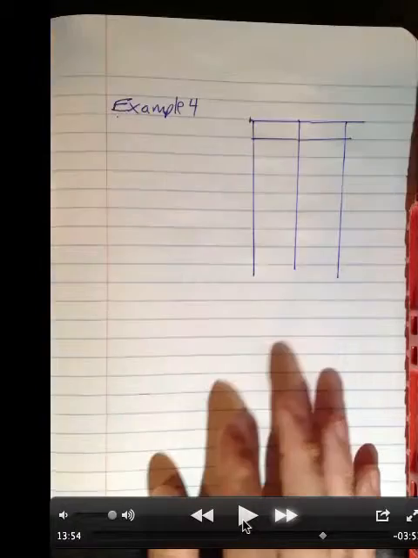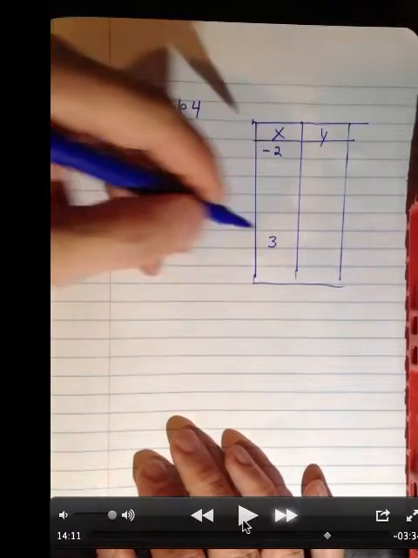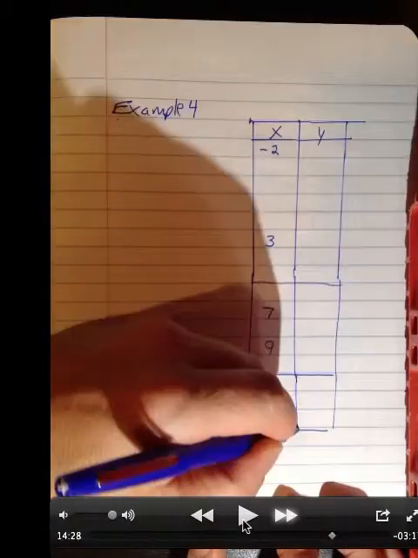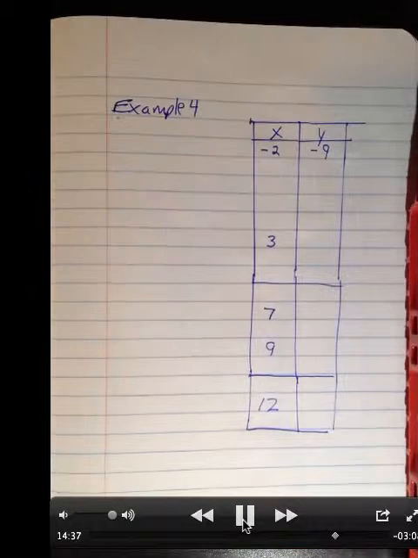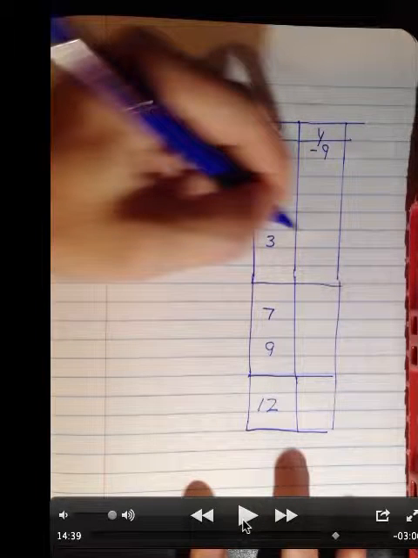Example 4, make a table. And we're going to make a gigantic table. In the book, for example 4, you see only 1, 2, 3, 4, 5 rows.